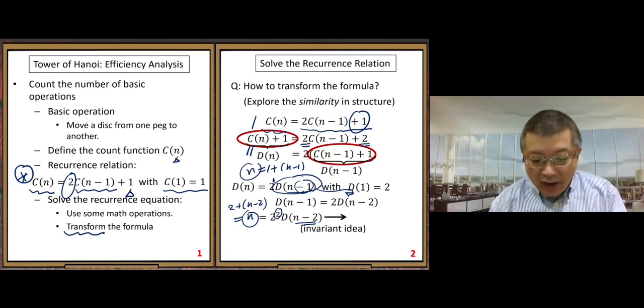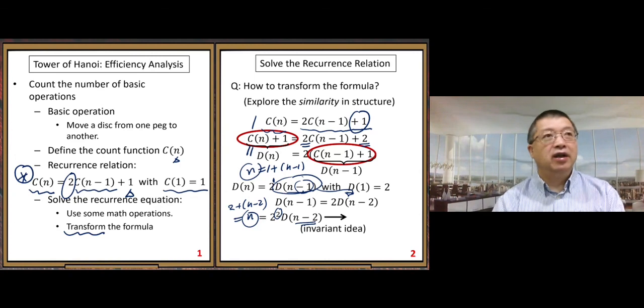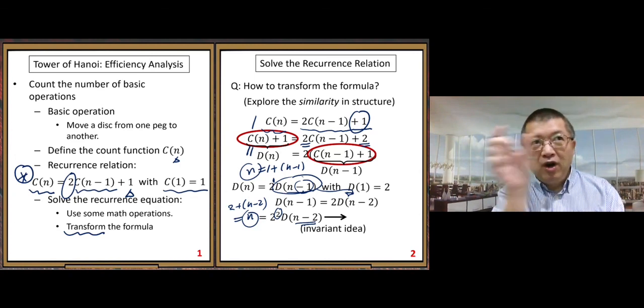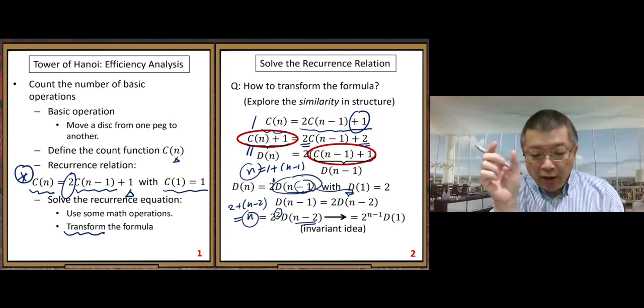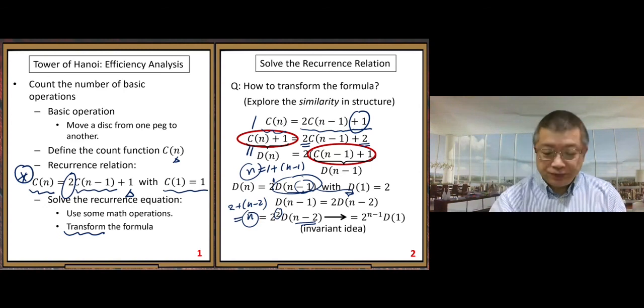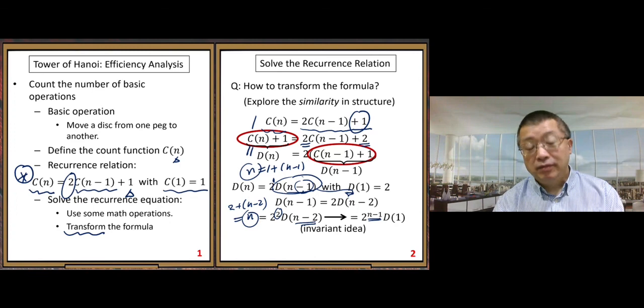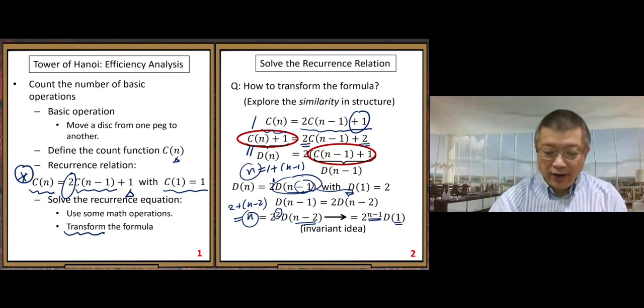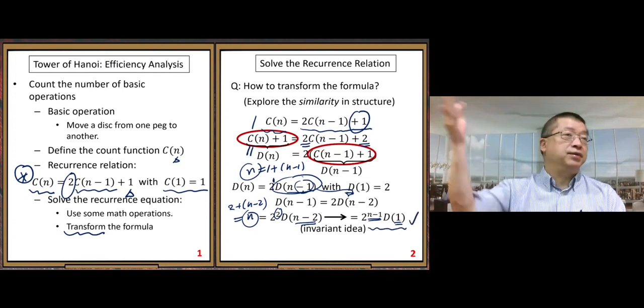So we use that to keep track of the formula change in the middle. At the end, we have 2 to the n minus 1, D of 1, with 1 plus n minus 1, also n. Using this way, we are sure this expression is correct.